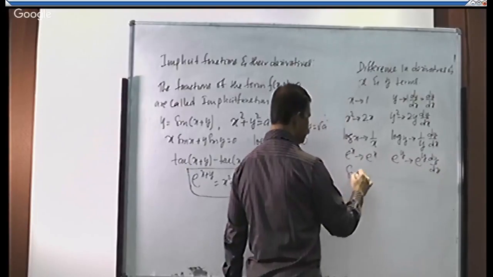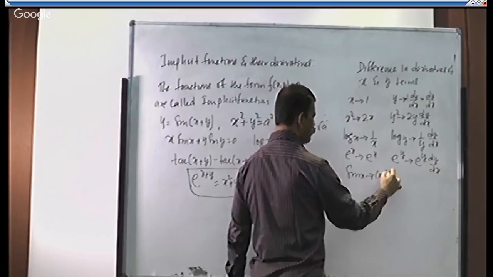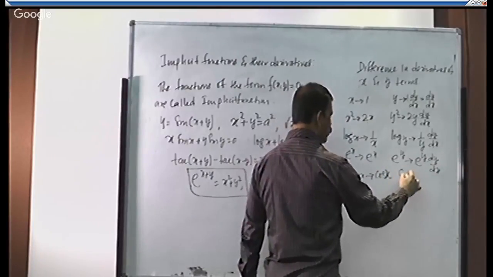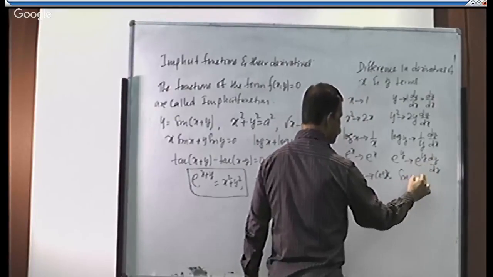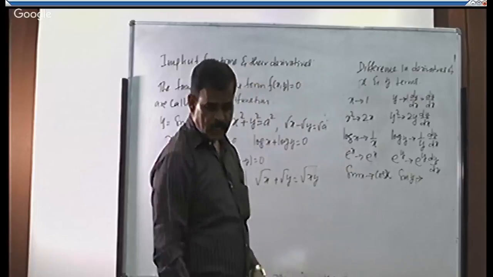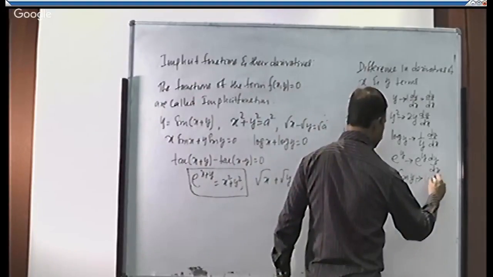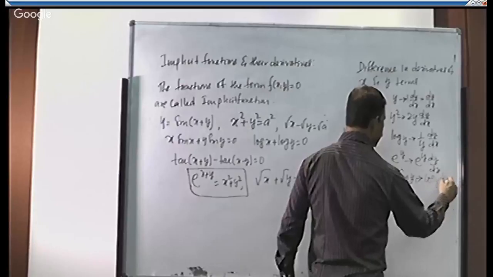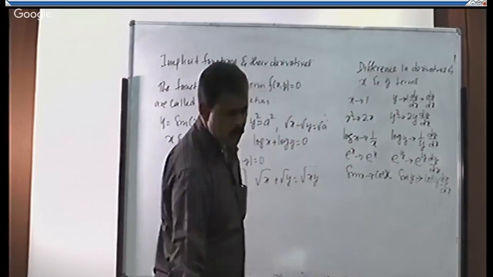For sin x, differentiation of sin x is what? Differentiation of sin x is cos x. Similarly, for differentiation of sin y, what is the answer? Differentiation of sin y is cos y into dy by dx. Cos y into dy by dx. Okay.